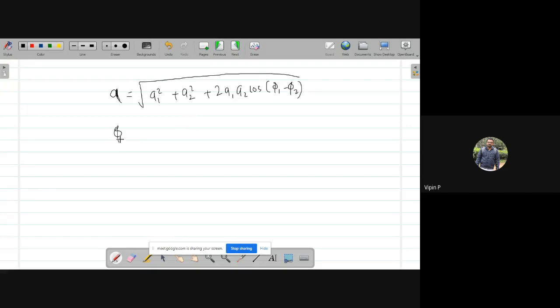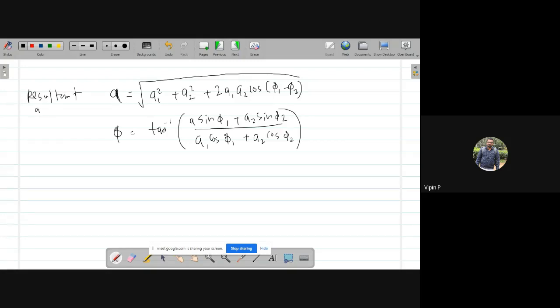And phi can be calculated from tan inverse of (A1 sin phi1 plus A2 sin phi2) whole divided by (A1 cos phi1 plus A2 cos phi2). So these are the expressions. This is the resultant amplitude, and this is the resultant initial phase constant.